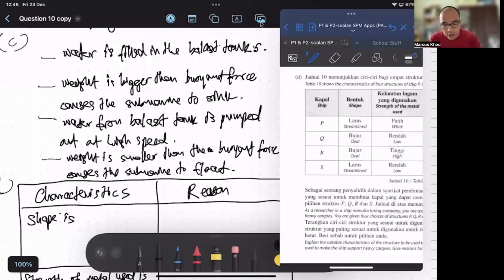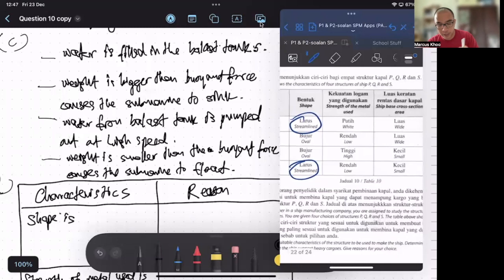Obviously the shape will have to be streamlined. The streamlined shape will help you to navigate across the water more properly. The strength for the metal used, I'm just going to assume that this is high. Obviously, you don't want a low strength metal.